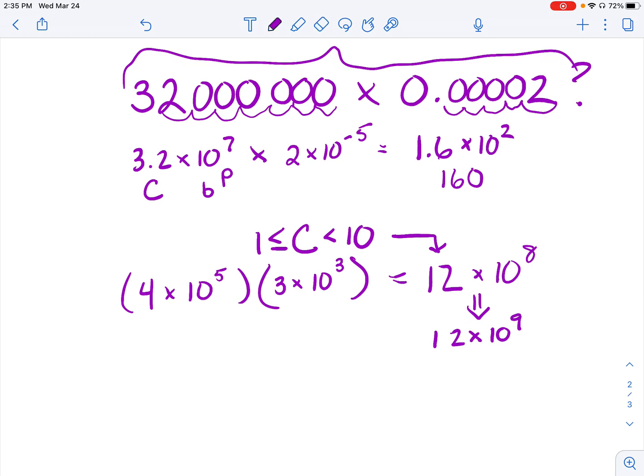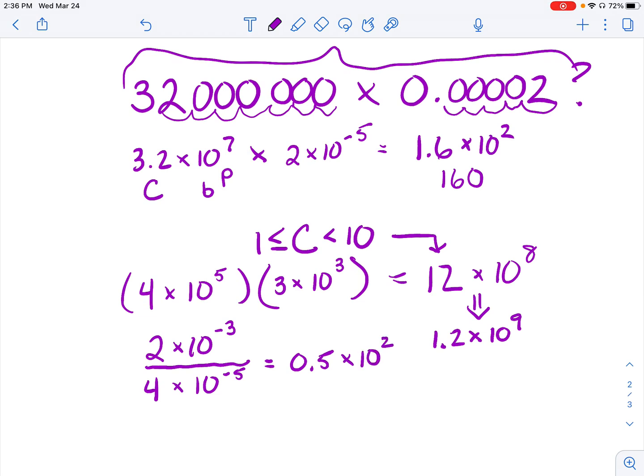Same way that if I take, well, this is a good quotient rule one. What if I take 2 times 10 to the negative 3 divided by 4 times 10 to the negative 5. So that's going to be 0.5, 2 over 4 is 1/2, times 10 to the second.